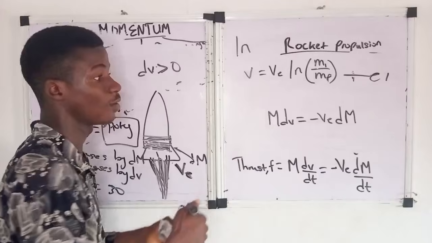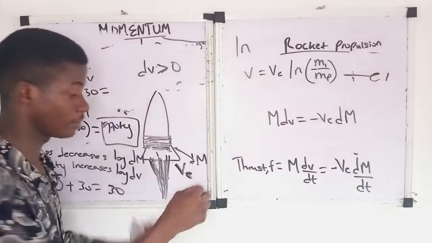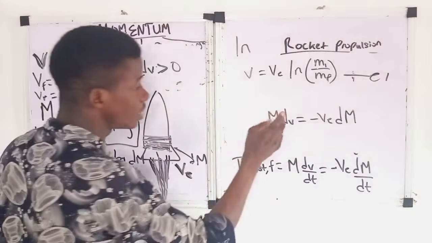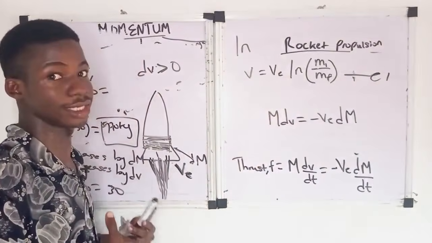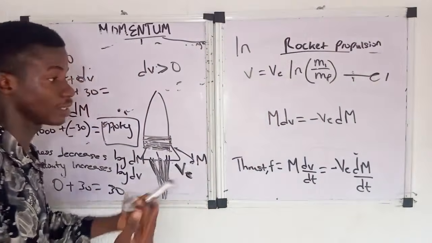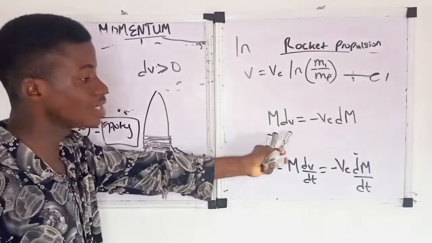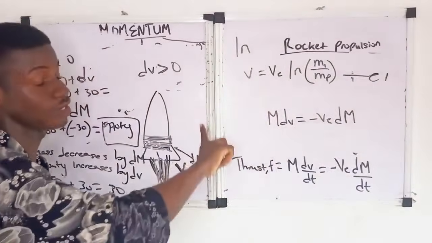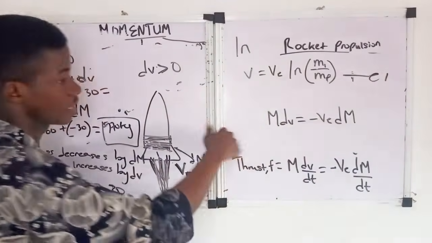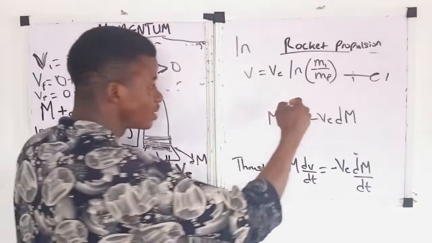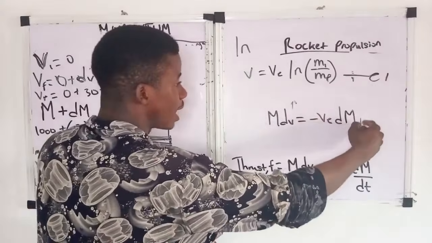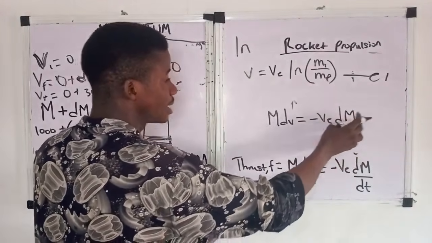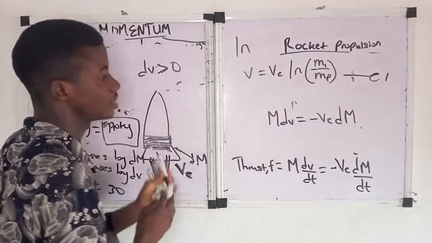Then this is the mass of the rocket plus the fuel, remember, while this one is the increase in velocity of the rocket as we decrease the mass. Okay, so that is just it.